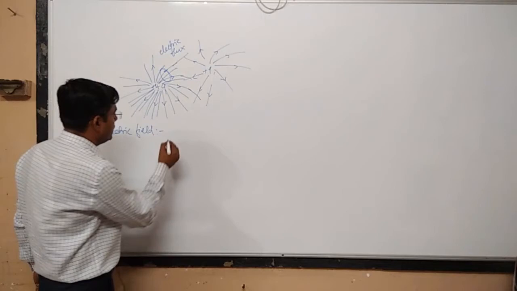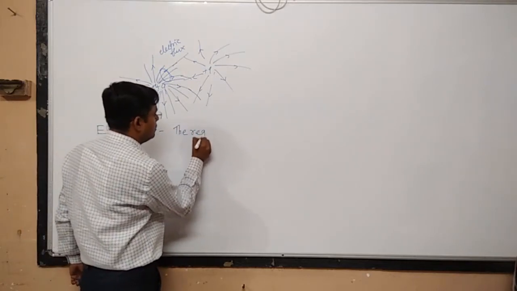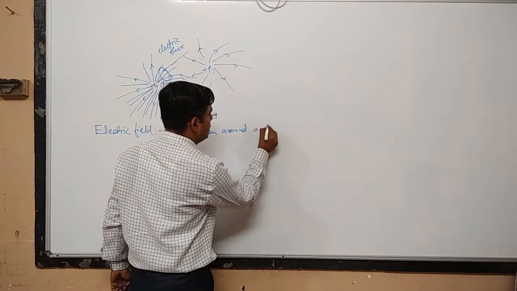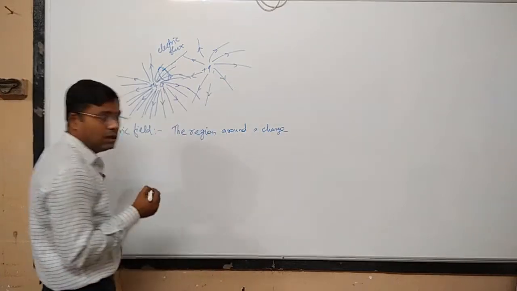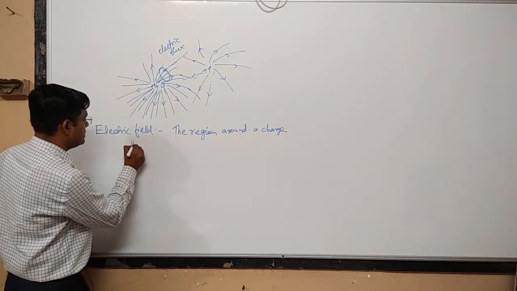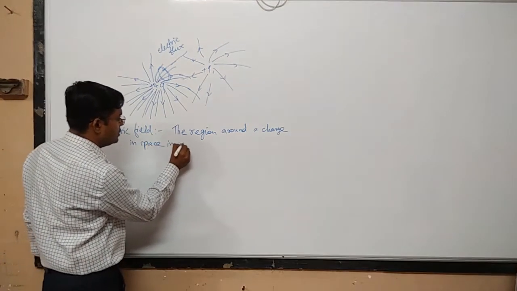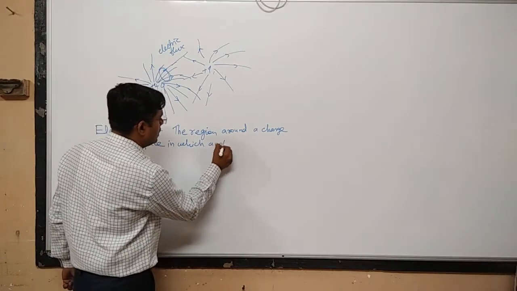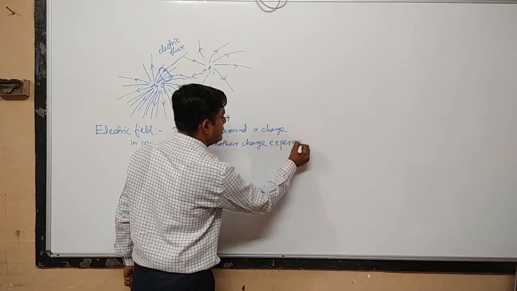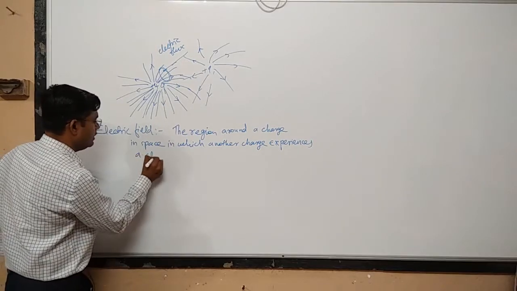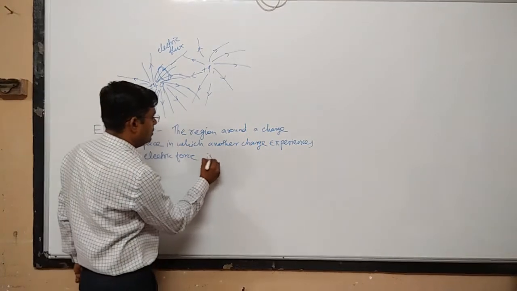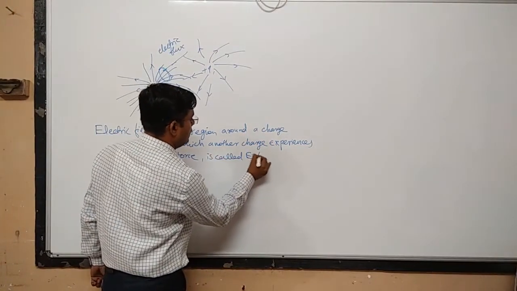By definition, the region around a charge or charged body, okay, the region around the charge in space in which another charge experiences electric force is called electric field.